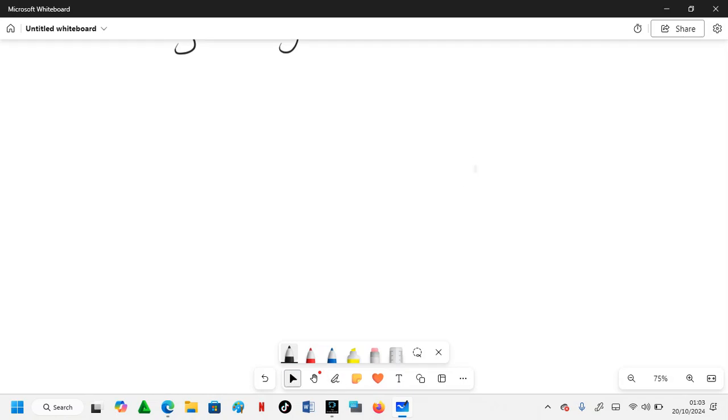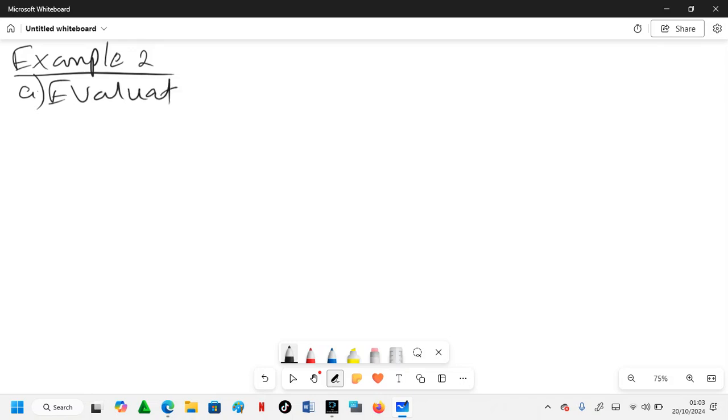Let us have another example. I'm going to call it example 2. This is going to be part A. We're told to evaluate: the log to base 5 of 14 is equal to x.